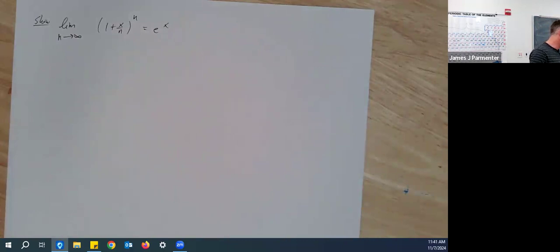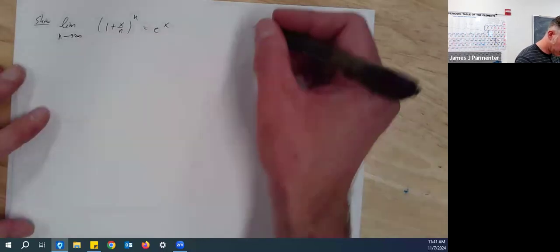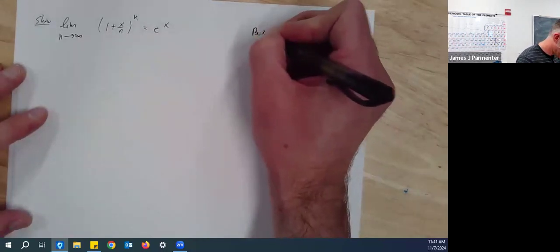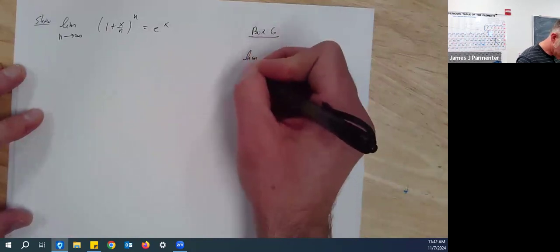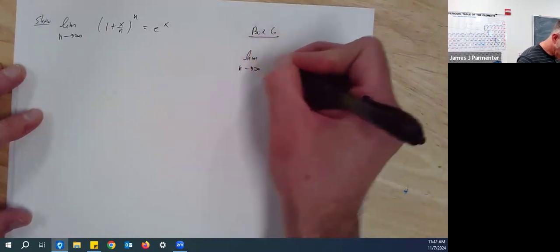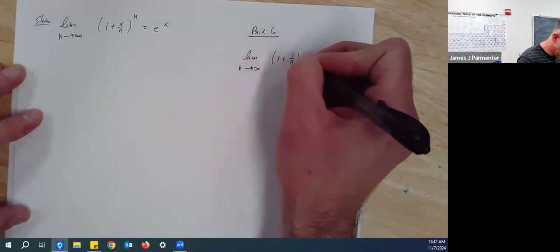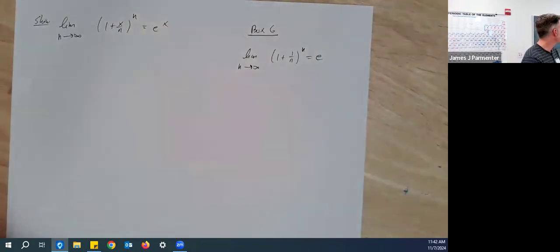But for now, what I think they're banking on you doing is using something that was already in the textbook, specifically in section 3.7, box number 6. It's that the limit as n goes to infinity of 1 plus 1 over n to the nth power is equal to e.